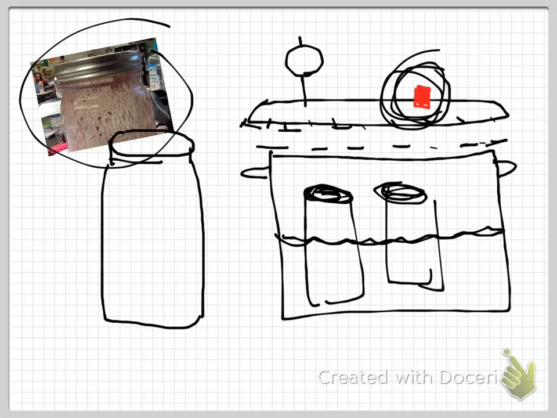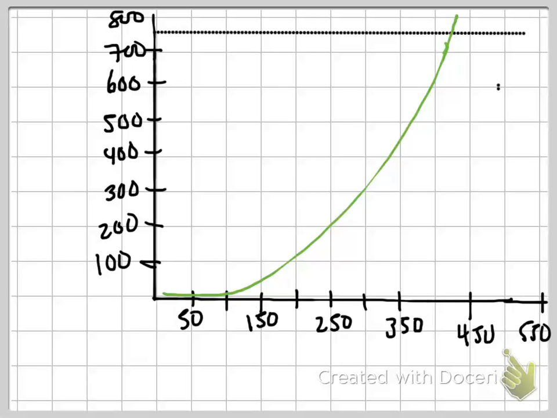There we have our good old canning jar, and there we have a pressure canner with a dial gauge. We have some mysterious substance here with a vapor pressure line, and the tick marks on that graph don't give you a high level of precision. Each one of these spaces is 50, and this is degrees Celsius, this is torr.